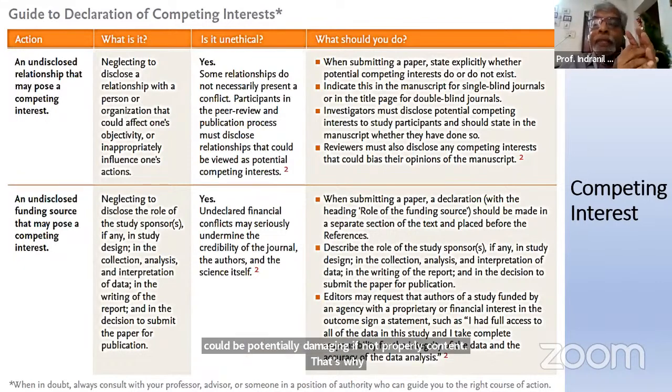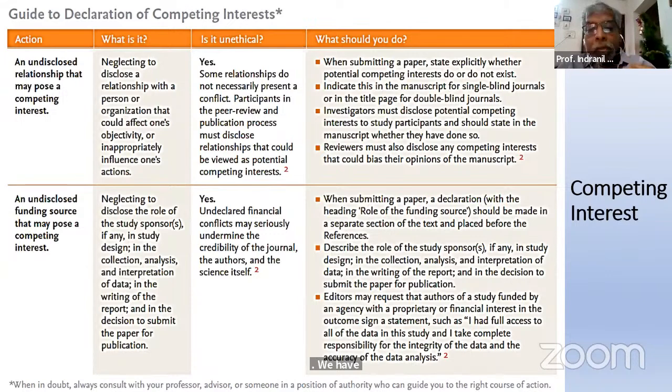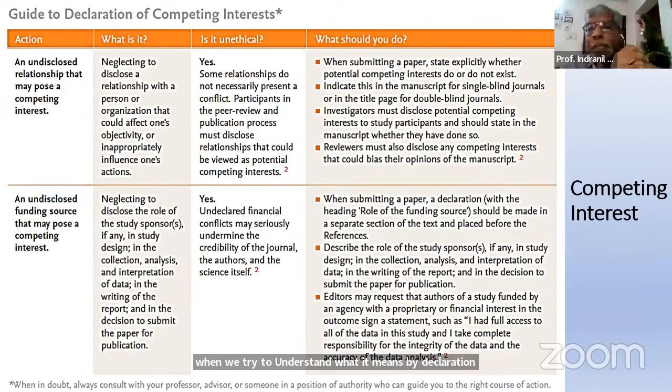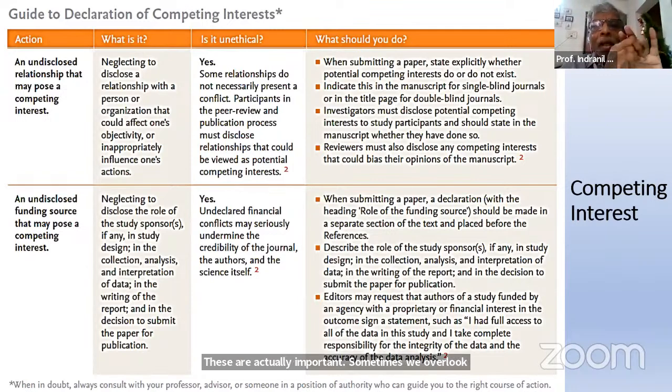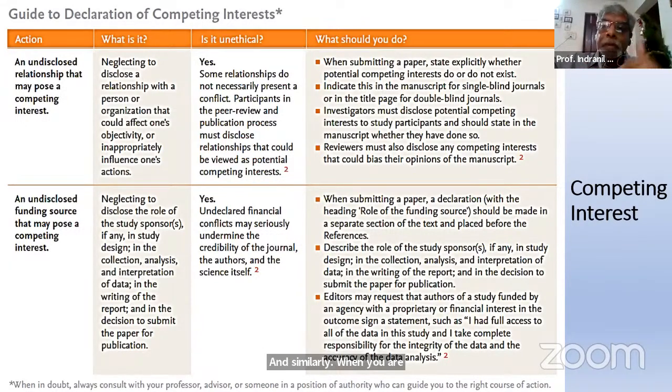we are normally very, very careful when we look at this conflict of interest, or when we try to understand what is meant by declaration of competing interests. These are actually important. Sometimes we overlook them, thinking we have to do this only when we submit to a journal. And similarly, every journal asks for a list of reviewers.